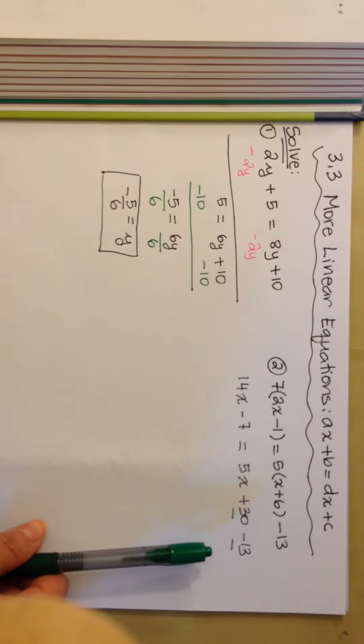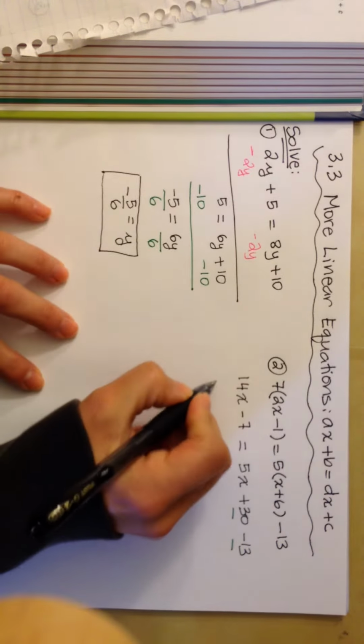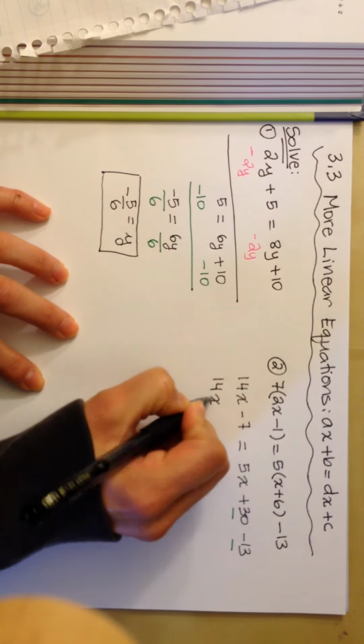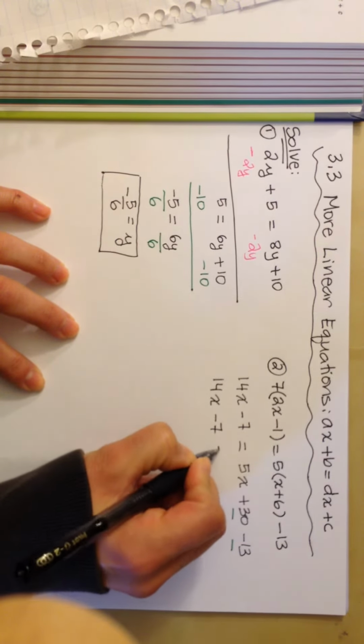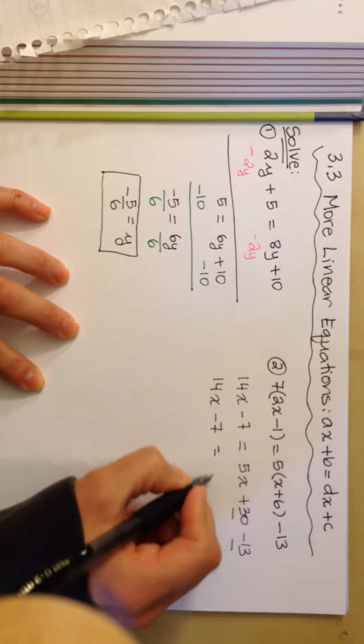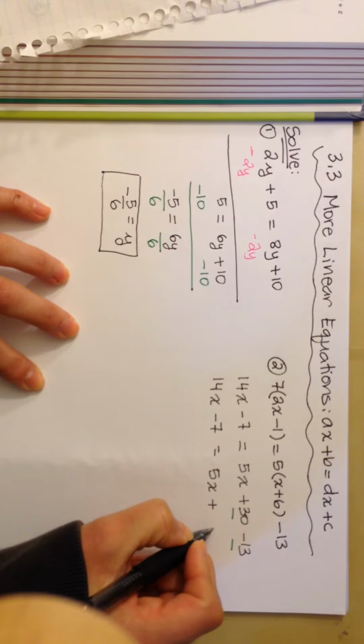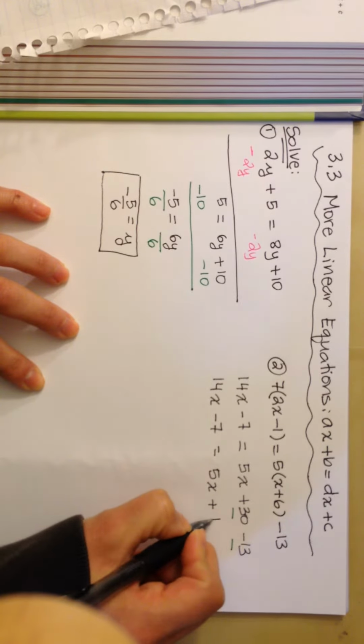So let's go ahead and do the subtraction here. We have 14x minus 7 equal to 5x plus, and this gives us 17.